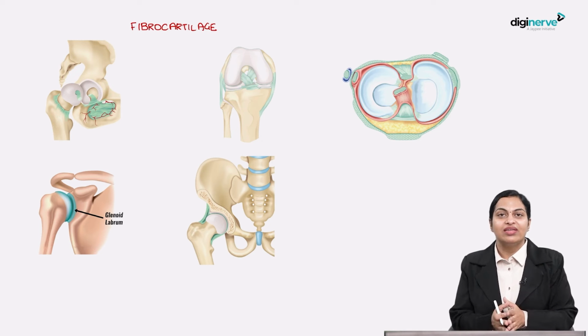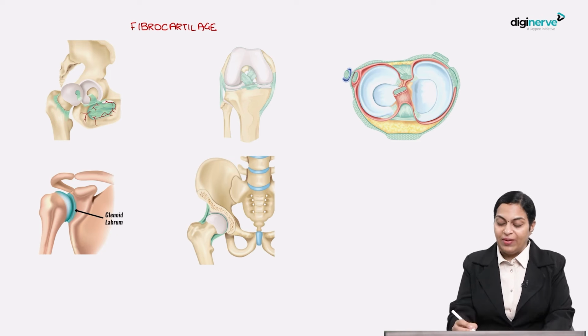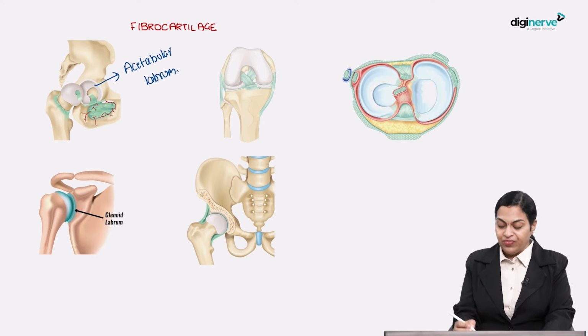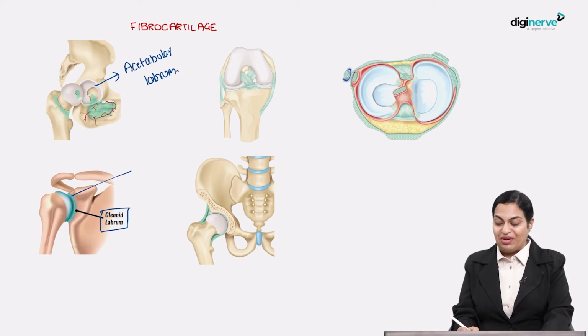The fibrocartilage is strong like the hyaline cartilage, flexible like the elastic cartilage, but this doesn't calcify or ossify. So what is this in relation to your hip joint? Yes, the acetabular labrum. It is made up of fibrocartilage. And in relation to the shoulder joint, the glenoid labrum.